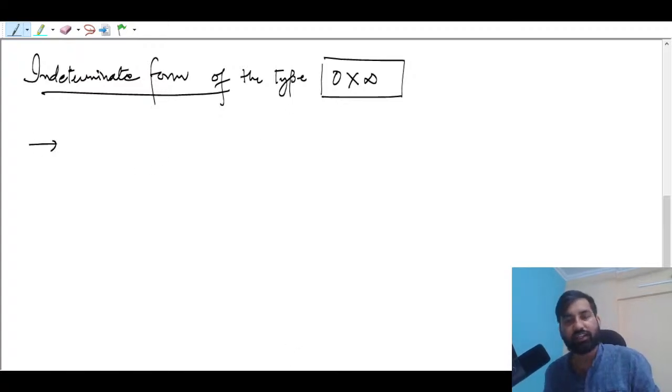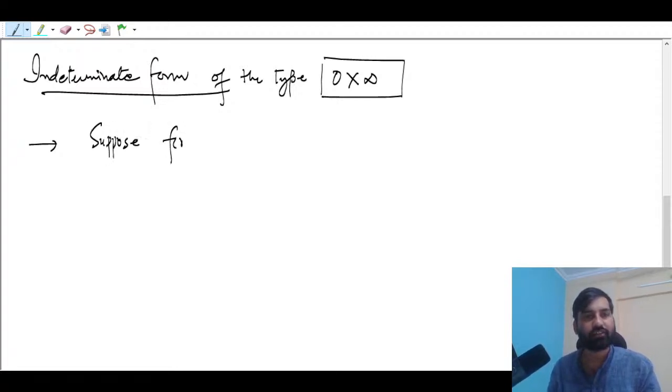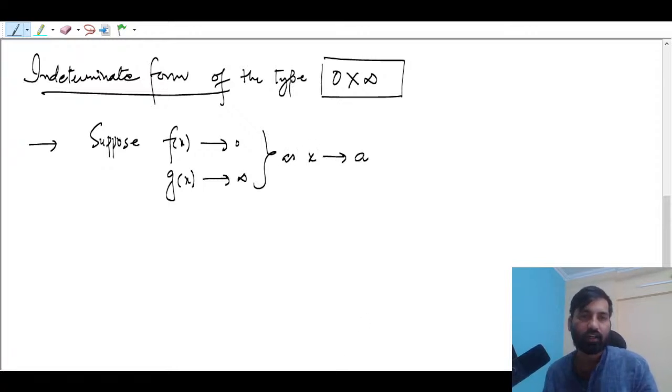Suppose f of x is going to 0, and g of x is going to infinity, as x tending to a. As x tends to a, one function is becoming 0, one function is becoming infinity, so 0 into infinity.